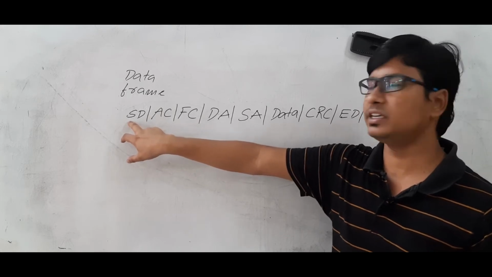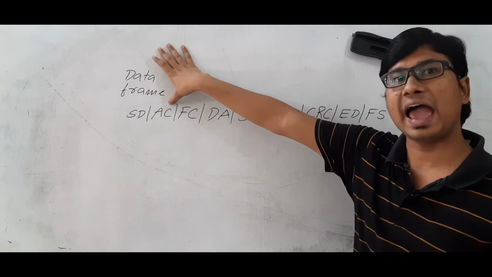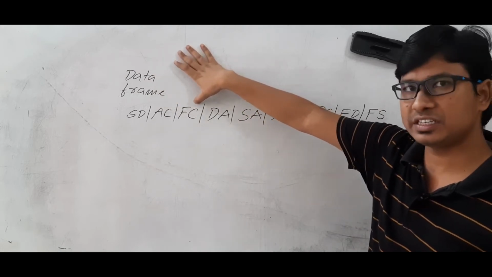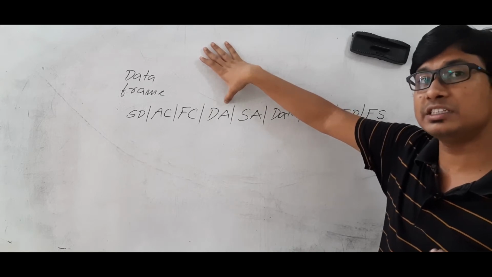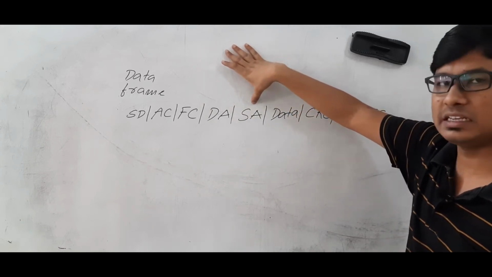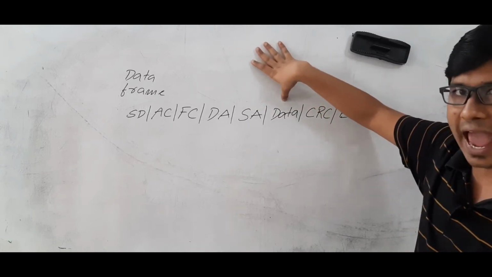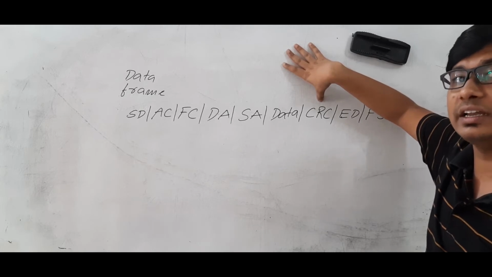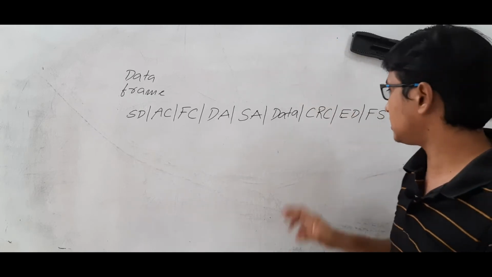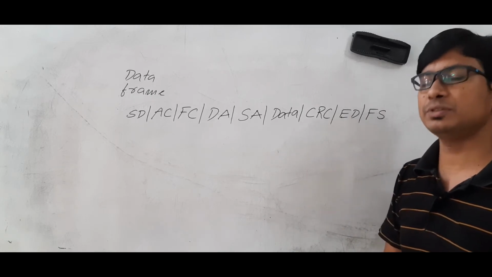We have SD, which is a start delimiter, AC for access control, FC is for frame control, DA is for destination MAC address, SA is for source MAC address or the physical address. This is the actual data we are sending, and CRC is cyclic redundancy check for error detection, and we have an end delimiter and we have a frame status.